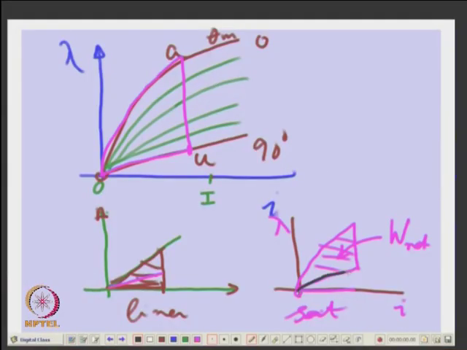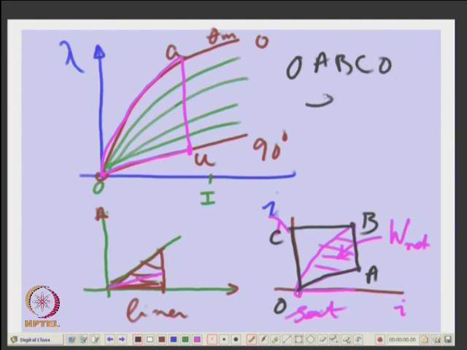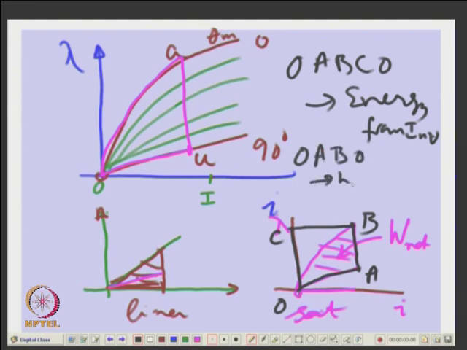If you take the whole area, this is lambda max, this whole thing is the total energy, that is O A B C. So, O A B C O is the energy from inverter, okay, and O A B O is the work done.